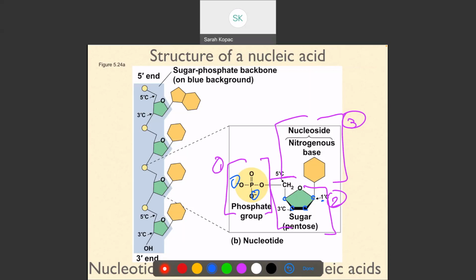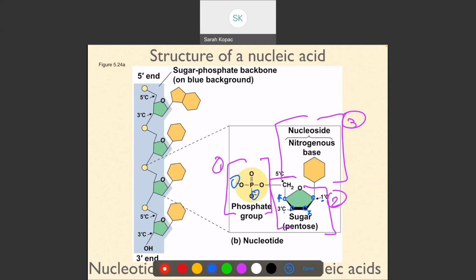So the 1 is here, then we have 2, 3, 4 is here, and then 5 is up here. This is going to be important when we start talking about strings of DNA or RNA and trying to distinguish the two ends from one another. And again, there are 5 carbons, and usually if I want you to look at one particular carbon, I'm going to give you the numbering for it.